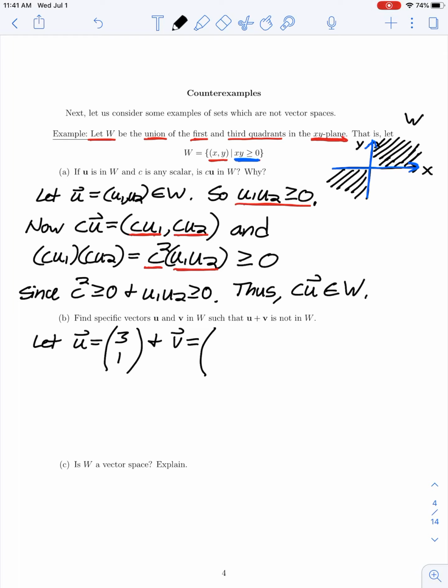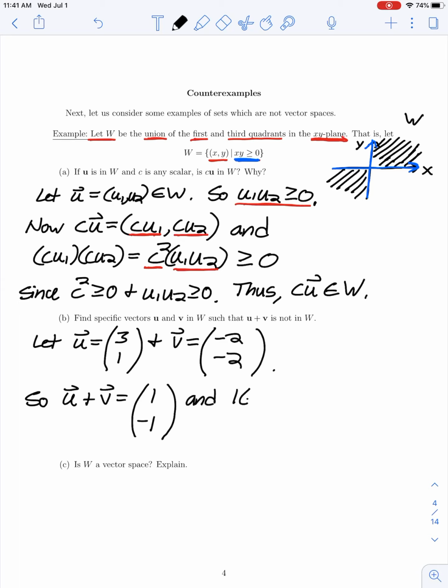An easy way to accomplish this is to take the first components of these two vectors as two numbers that yield a positive value. So say 3 and negative 2 would give us a positive 1. And I want the sum of the second components to be a negative value. So if I chose 1, I could use negative 2, or any negative number whose magnitude is greater than 1. And we find that the sum of u and v would be (1, negative 1).